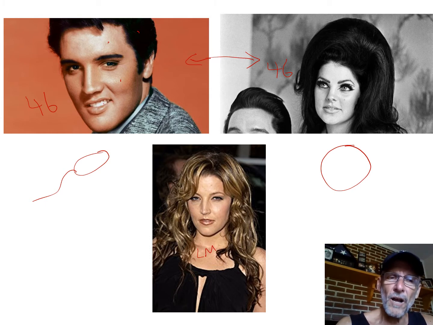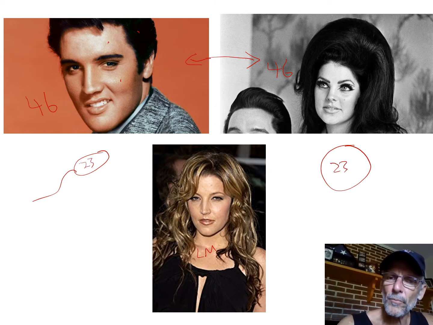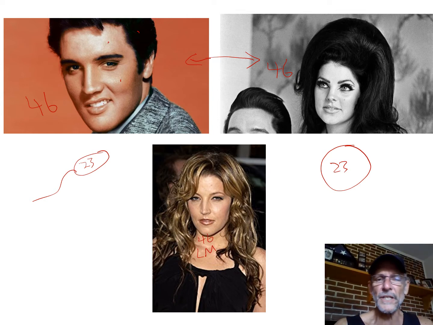So clearly, logically, mathematically, what Elvis is going to give Lisa Marie is 23. And 23 from Priscilla, so Lisa Marie will be a human being with 46 chromosomes in each one of her cells. Hopefully that logic makes sense mathematically.